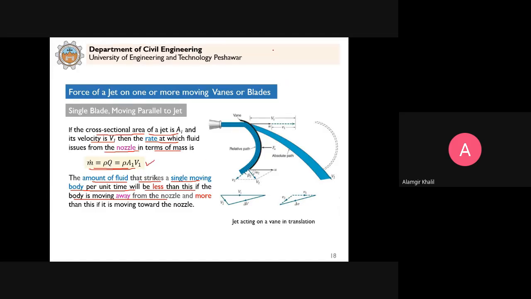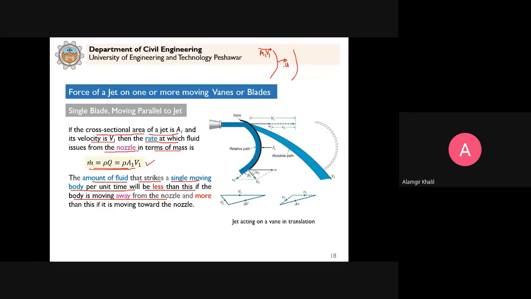Why? Because you see that we have this vane hit by the jet with A1 and V1, the volume flow rate A1 V1, and then it is moving with velocity U. Now that this vane is moving, after some time the vane will be here.